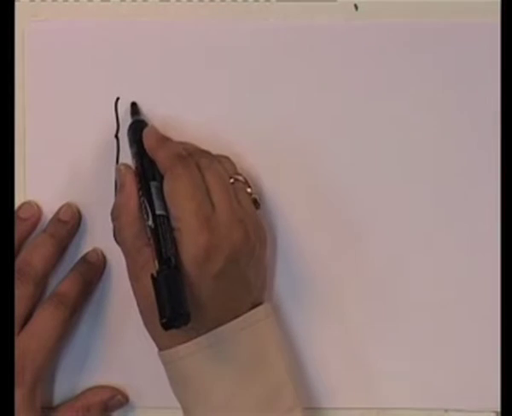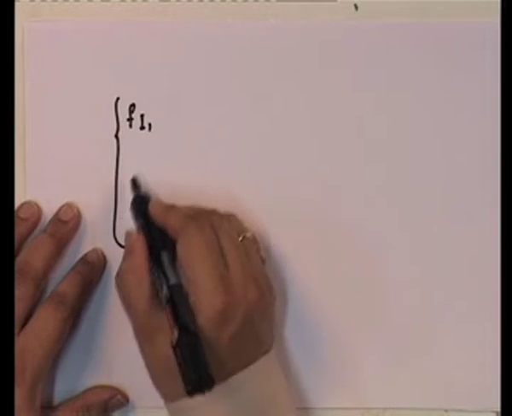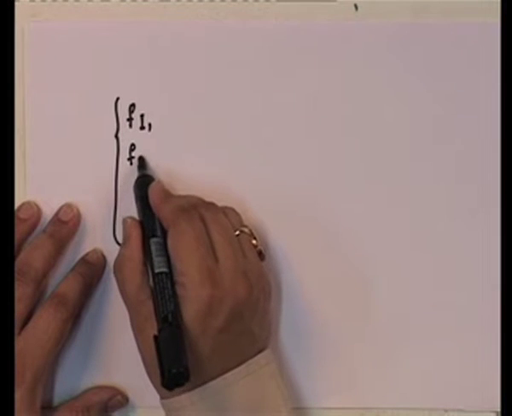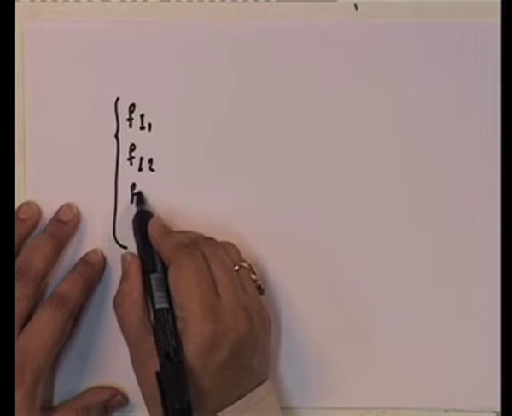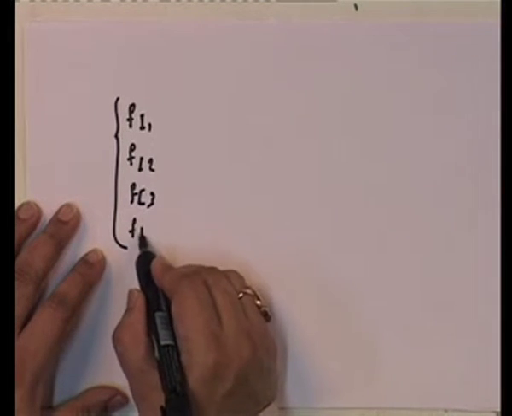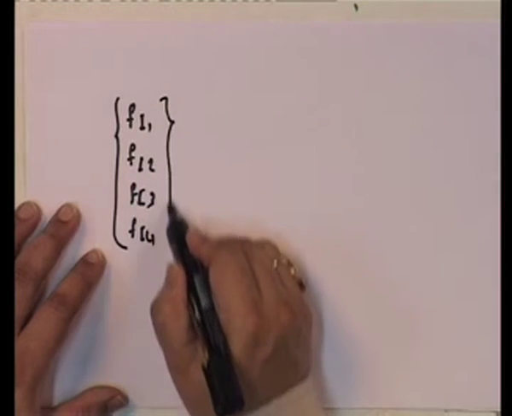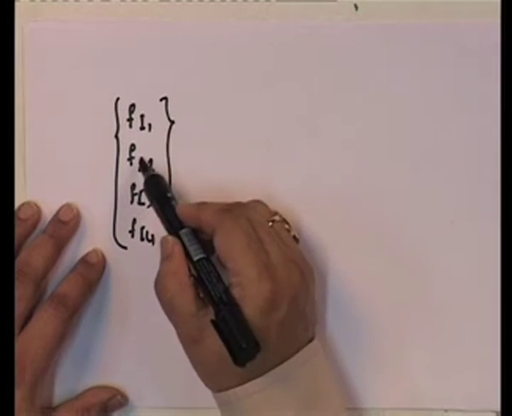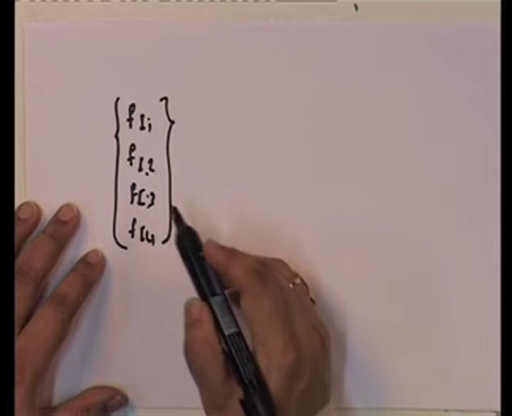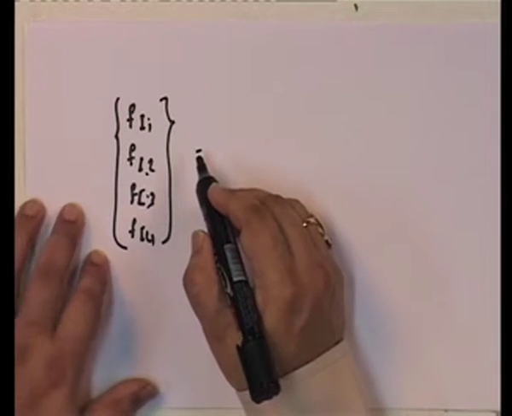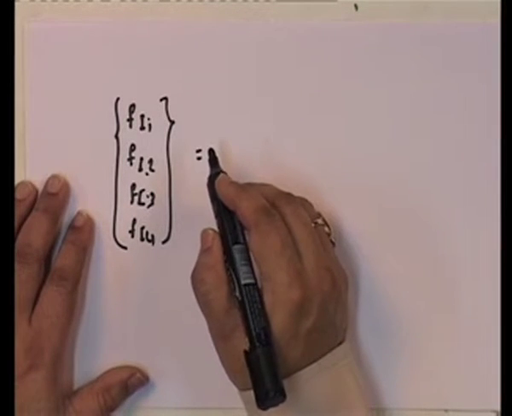We get f I1, f I2, f I3, f I4. These are the rotational degrees of freedom and these are the displacement degrees of freedom. What you get is the following.